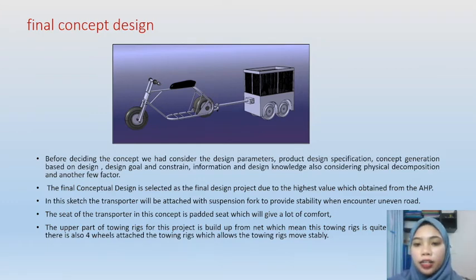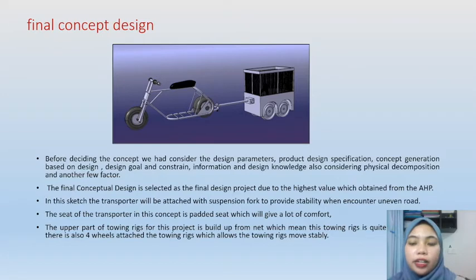We have calculated the value, and it shows the highest value which is suitable for the product and the design. So in this case, the transporter will be attached with the suspension fork to provide stability when encountering the uneven road.